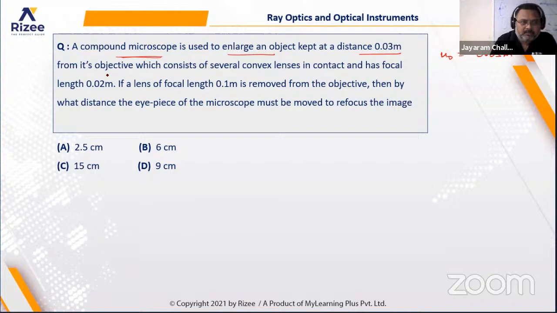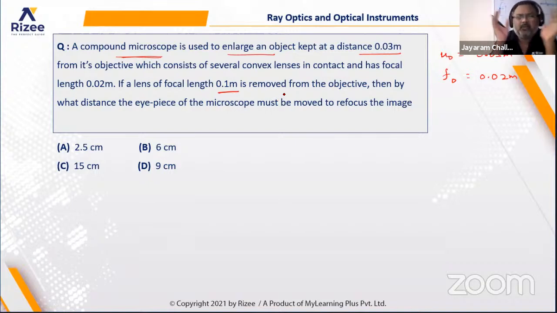Now, the objective consists of several convex lenses in contact and has a focal length f0 of 0.02 meters.